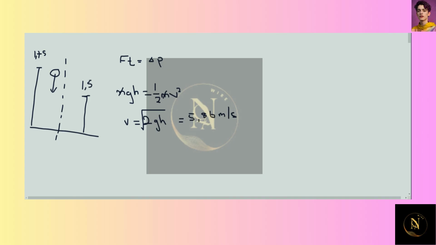Then if you use the same equation for the return motion, that velocity is equal to the square root of 2 times the gravitational constant times the height you get. So in this case, you have 2 times 9.8 multiplied by 1.5, and then you take the square root of that.